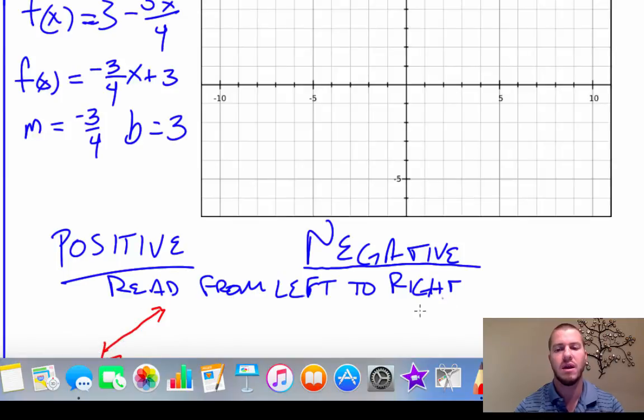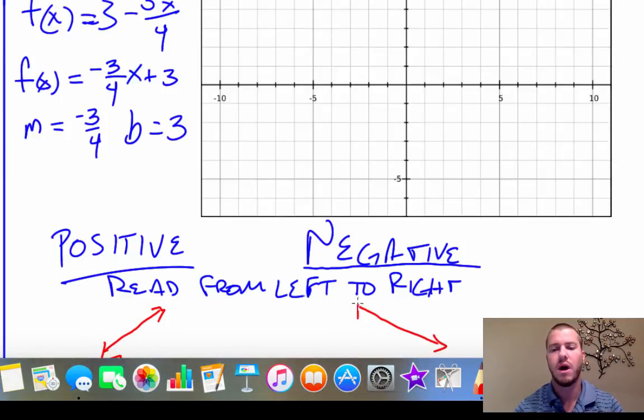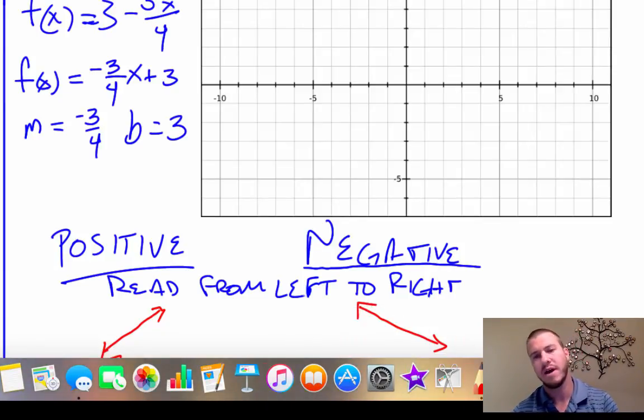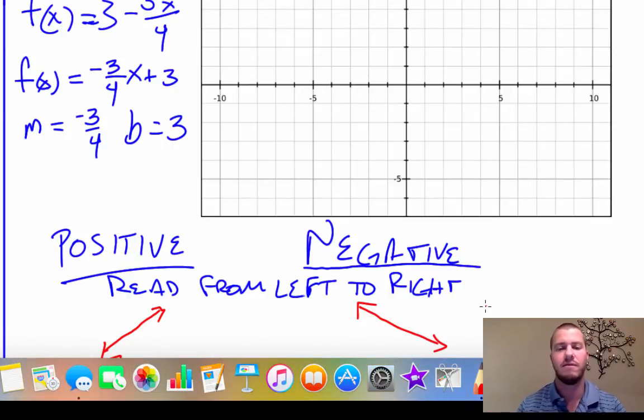A negative slope is going in a negative direction, from up to down. So it's getting more negative as you go further from left to right. The positive is getting more positive from left to right.